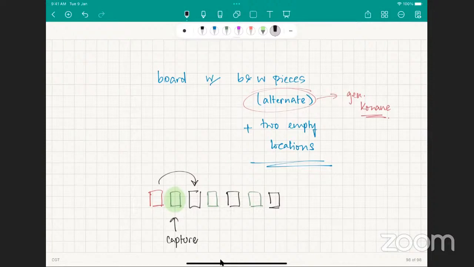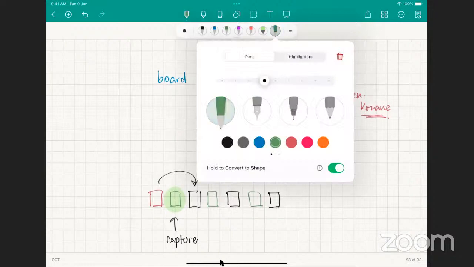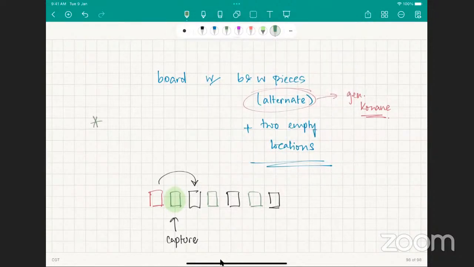So you could look at, for instance, the simplest sort of position, which would be if you have, let's say, two adjacent pieces. Let's say you have a green piece and a red piece next to each other.